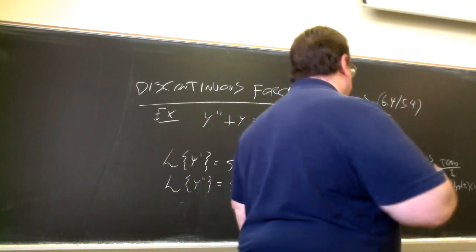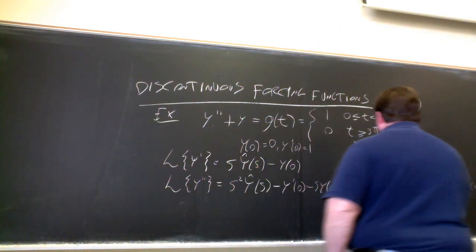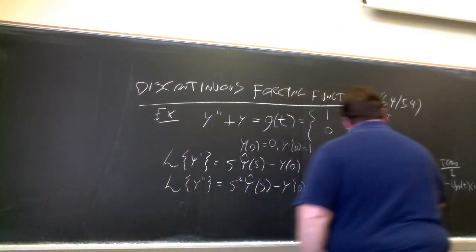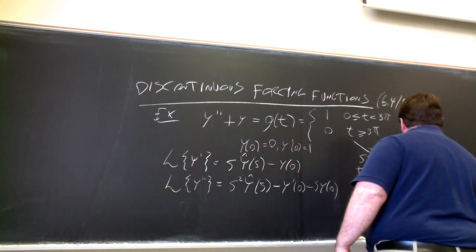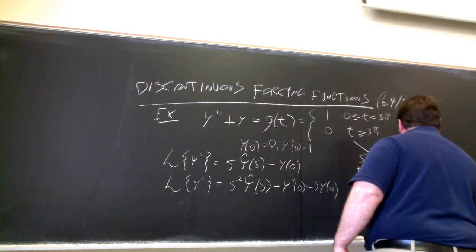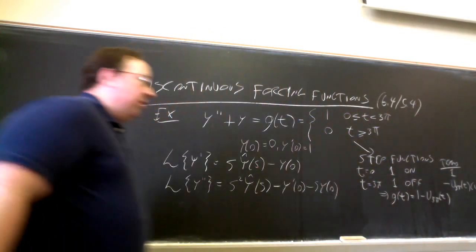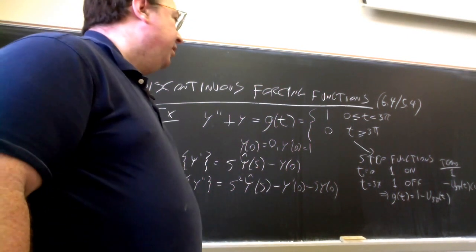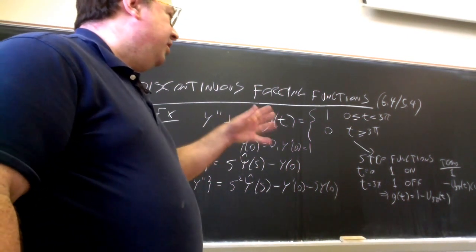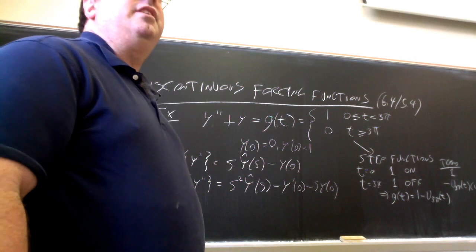So what that means is, in terms of step functions, instead of this piecewise definition, we can say g of t is 1 minus u 3 pi of t. So now we can transform that as well. Any questions about where that definition in terms of a step function comes from? That's what we did on Friday.